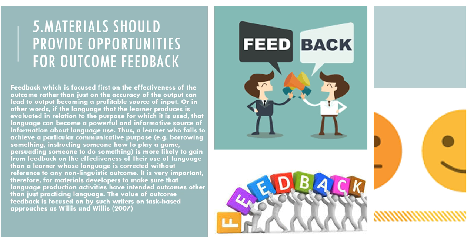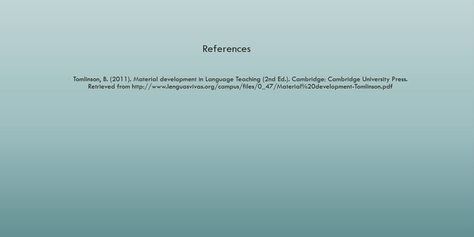It is very important, therefore, for materials developers to make sure that language production activities have intended outcomes other than just practicing language. The value of outcome feedback is focused on by proponents of task-based approaches.